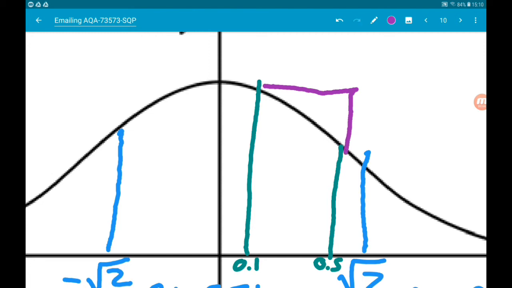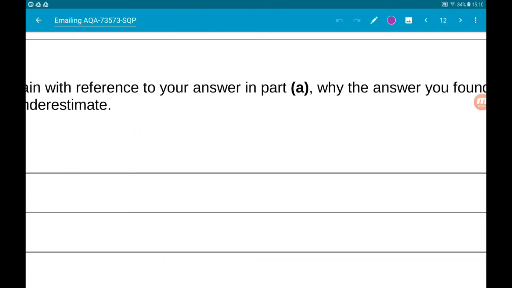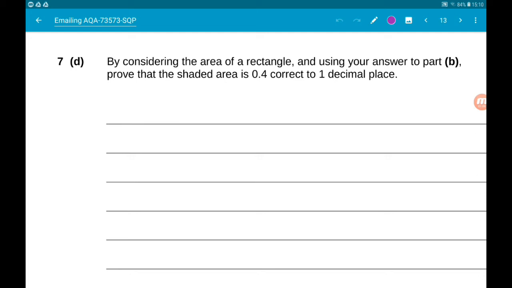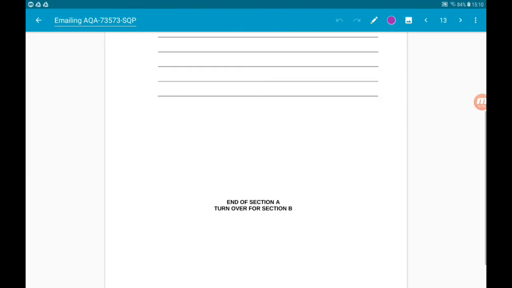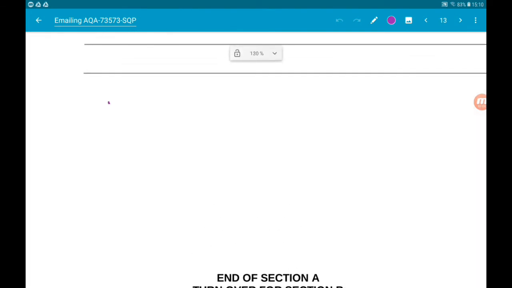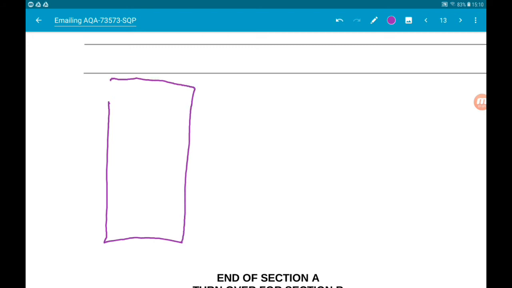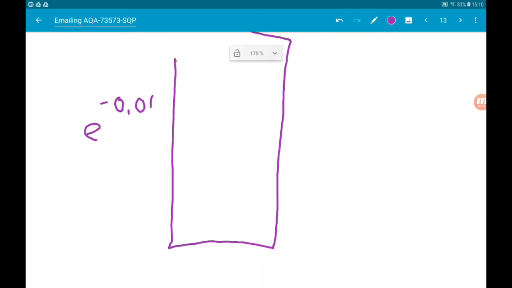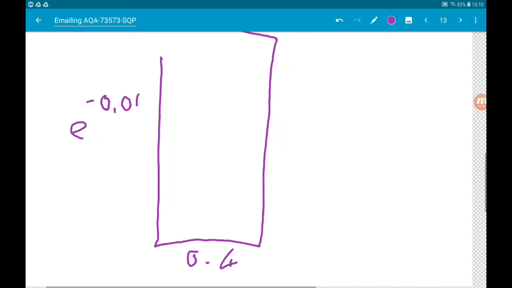So what we've got then is a rectangle with a height of e to the minus 0.01 and a width of 0.4.